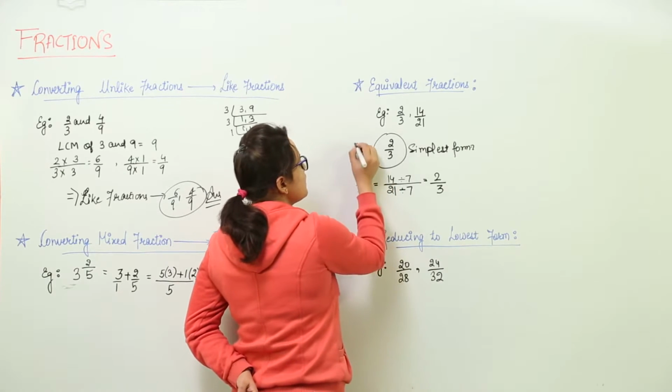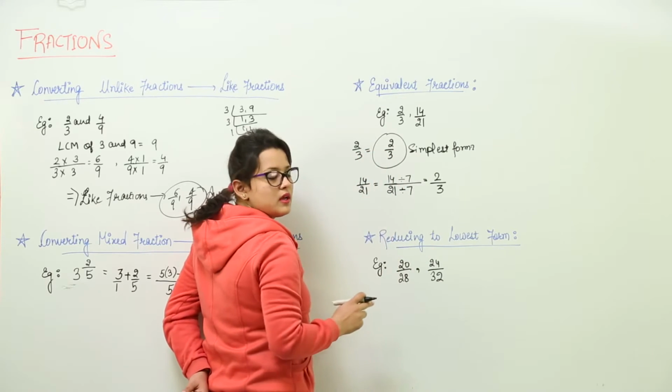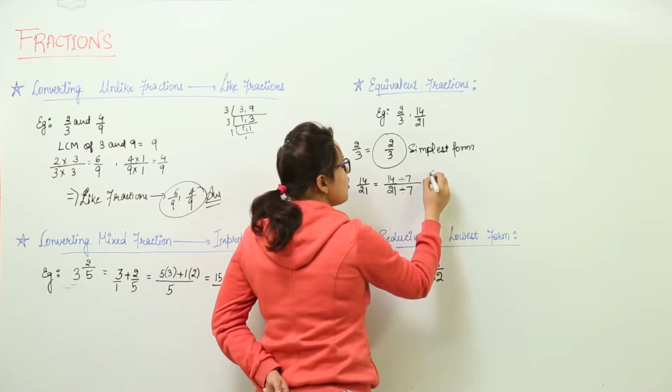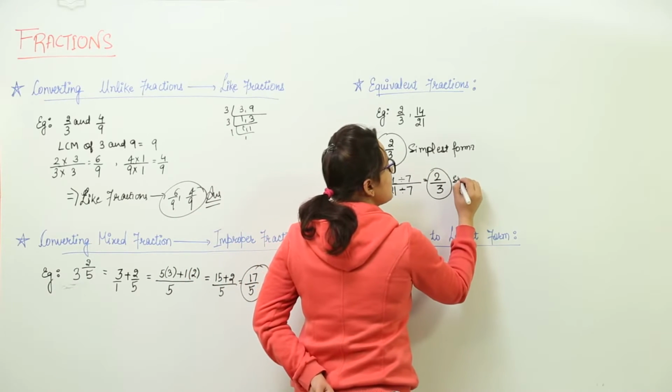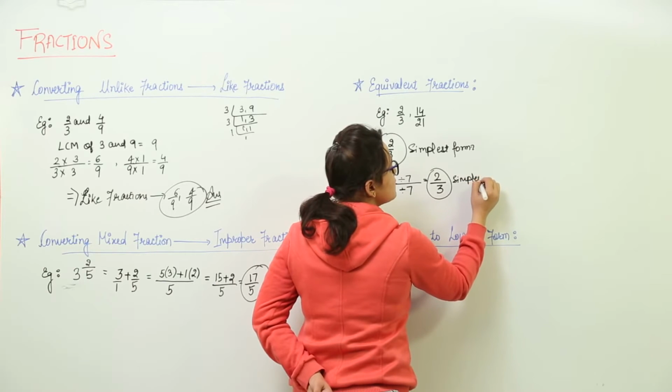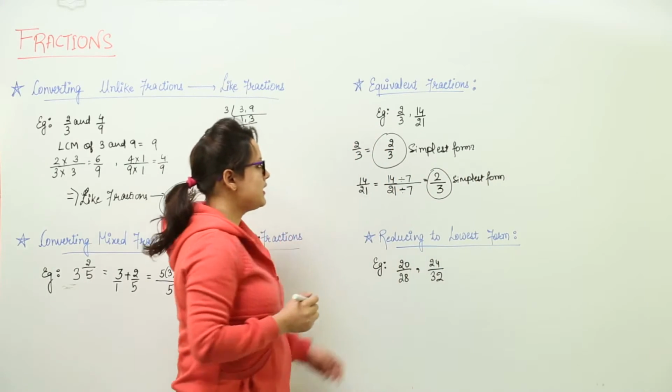So we can check that the simplest form of 2 by 3 was 2 by 3 only, whereas the simplest form for 14 over 21 is also 2 by 3. That means both the fractions have the same simplest form, right?